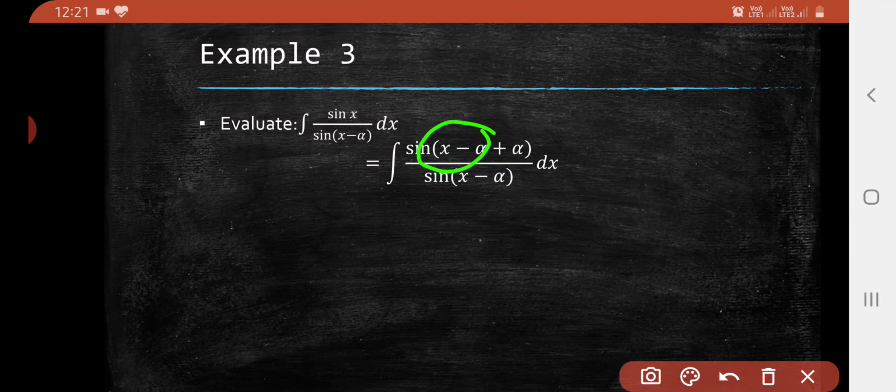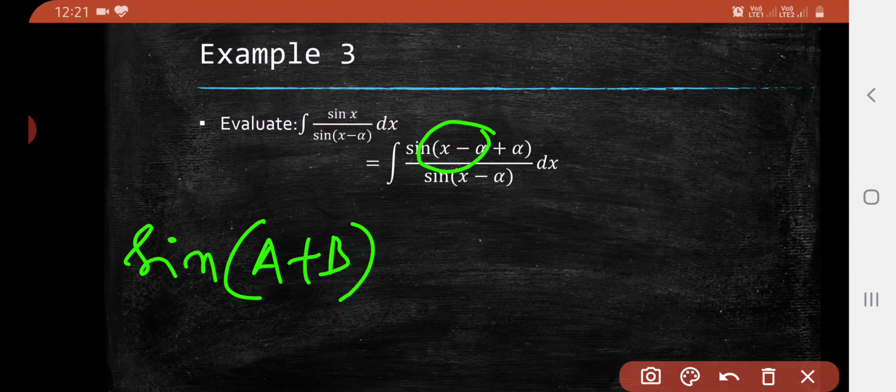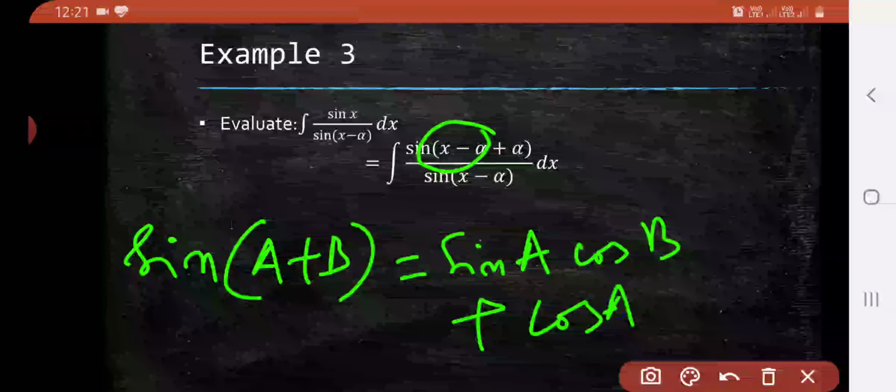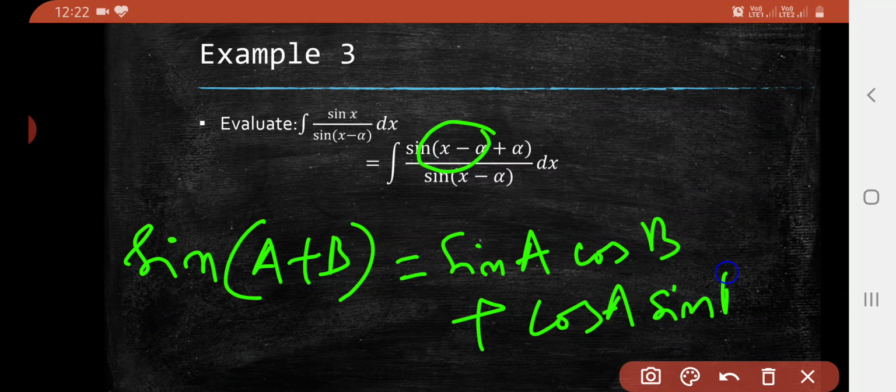If you have forgotten the formula, sine of a plus b is equal to sine a cos b plus cos a sin b. Basically this is what we are going to do, so let us apply it.